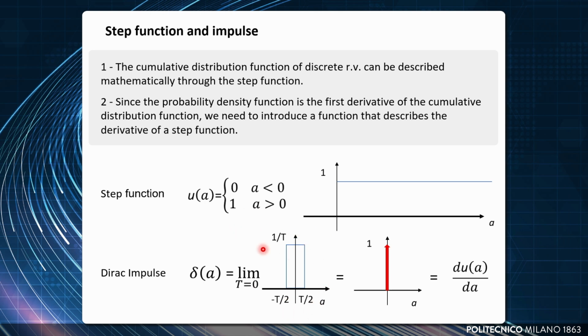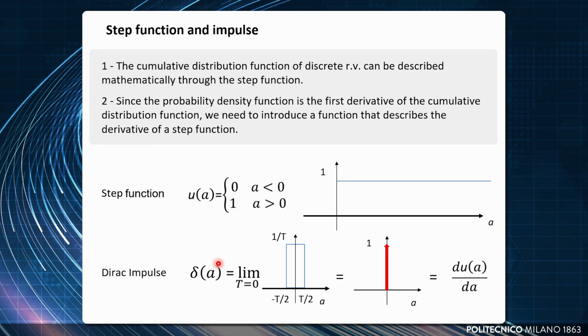Notice the height here is 1 over T. Notice that the area of this rectangle is always 1, whichever is the value of T. And so for capital T going to 0, this rectangle becomes a very sharp function, very high, infinity, but the area is always 1.